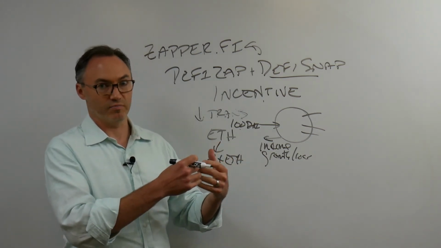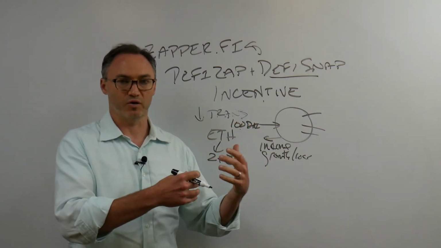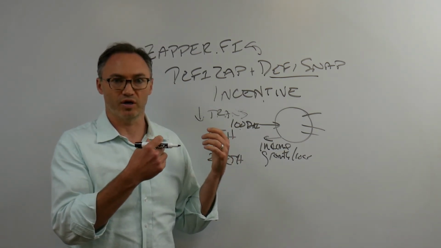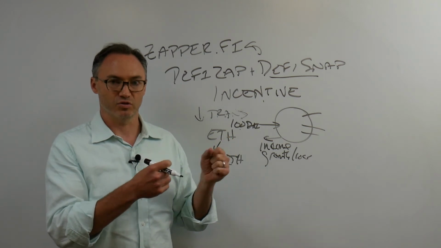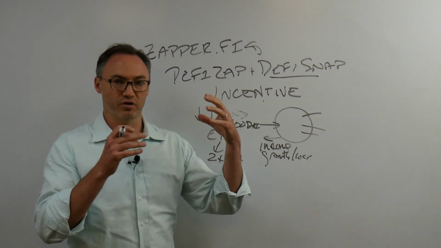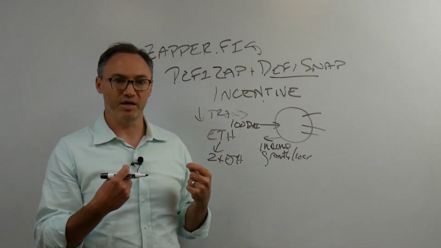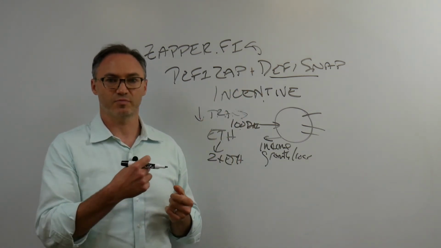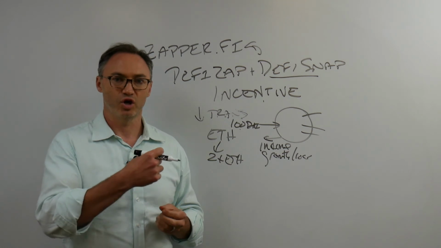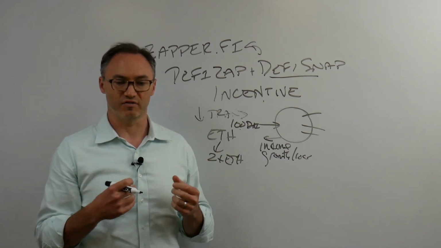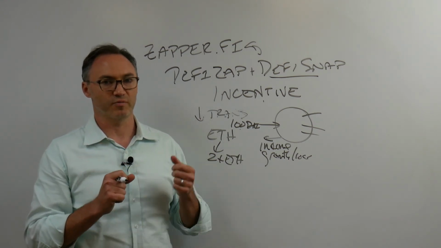And by the way, because it's on the blockchain, it's very transparent. We can audit it. We can see what's actually happening. We can eventually show how to charge fees for this, so that those same financial architects that are building on different protocols can also build on this and help me create a very customized portfolio, a customized risk, income, growth portfolio for myself. So that's why we're really excited about Zapper.Fi.